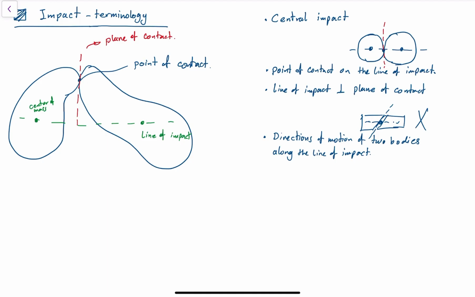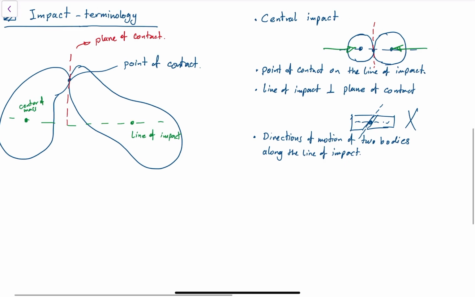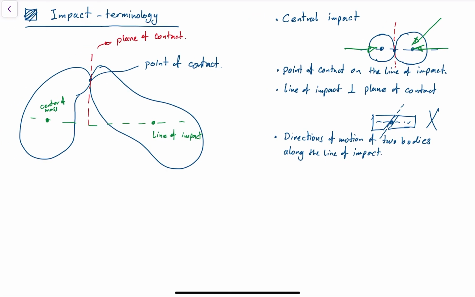So the velocities must be head on. If one of them, the velocity, is at an angle, that is no longer central impact. Let's call this condition A, condition B, condition C. All three of them must hold to have central impact.